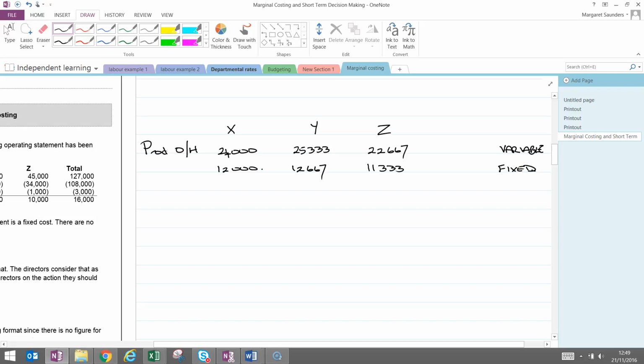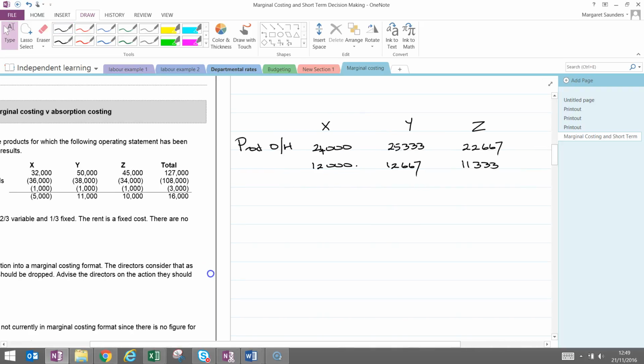So we can now begin to construct our marginal costing statement. We're going to start with the sales figure, and we're going to look at each product and in total.